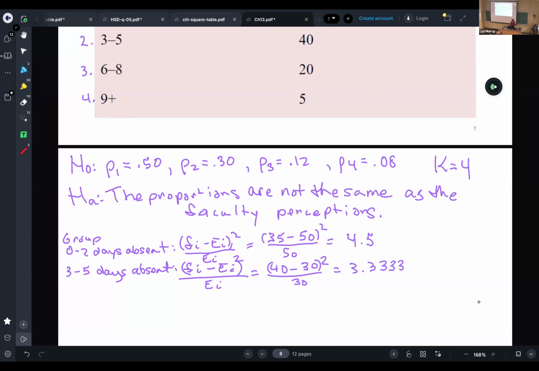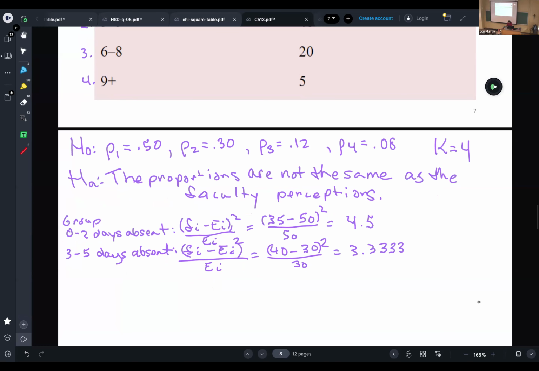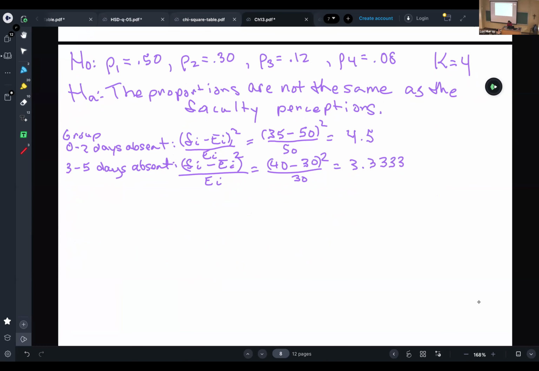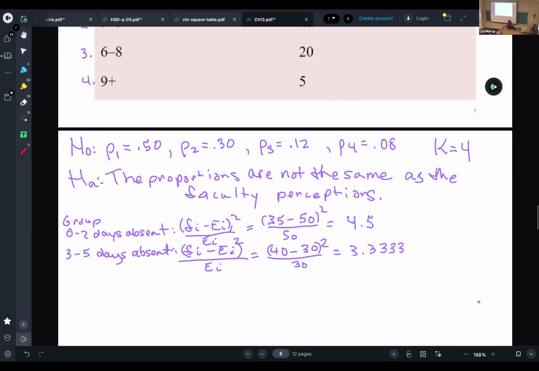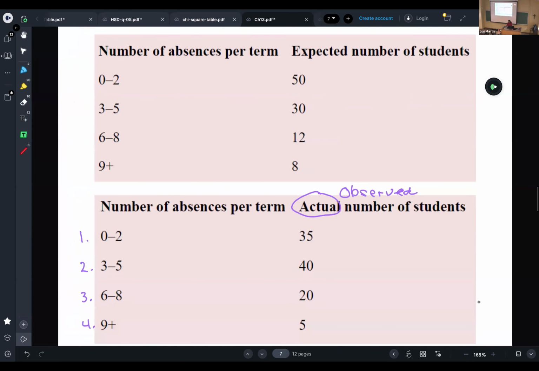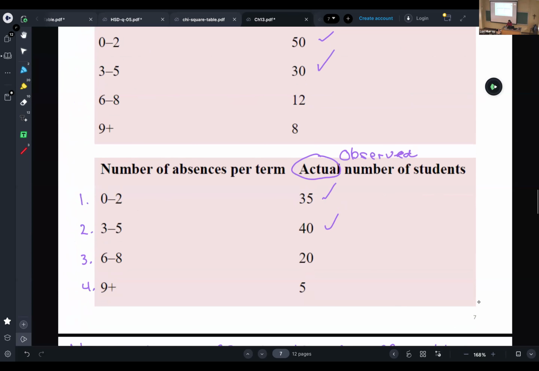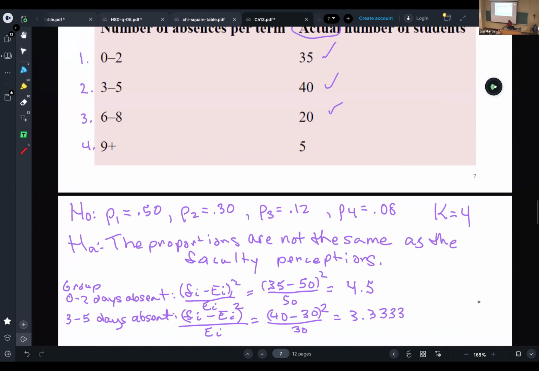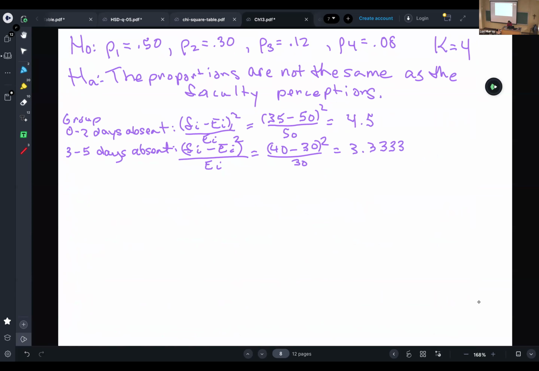I'm going to carry 4 decimals because I know this is an intermediate step and it's going to go into the next. So you can see where we got the 40 and the 30. It was observed. So we took 35, subtracted 50, squared, and divided by 50. Then we took 40, subtract 30, because that's what we expected, divide by 30. Now we're going to take 20, subtract 12, squared, and divide by 12. That's for the 6 to 8 days absent.